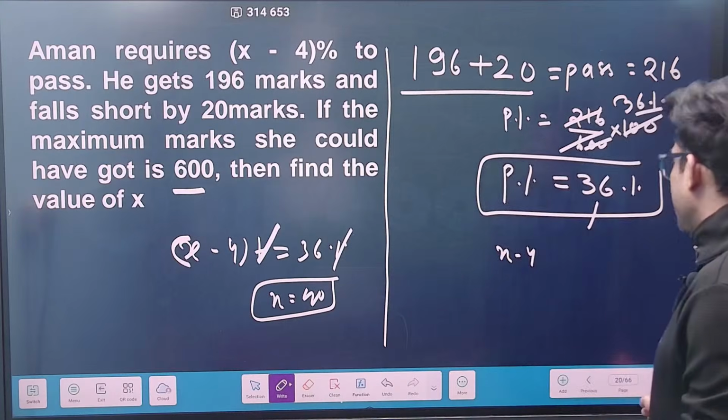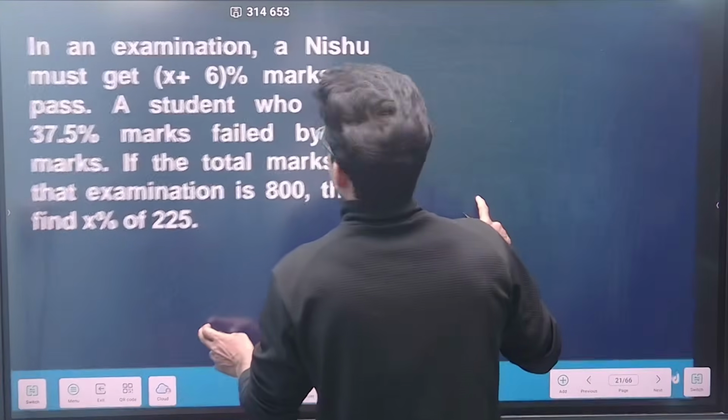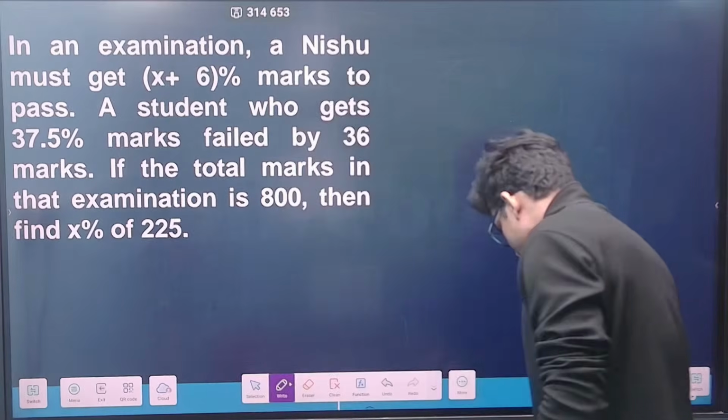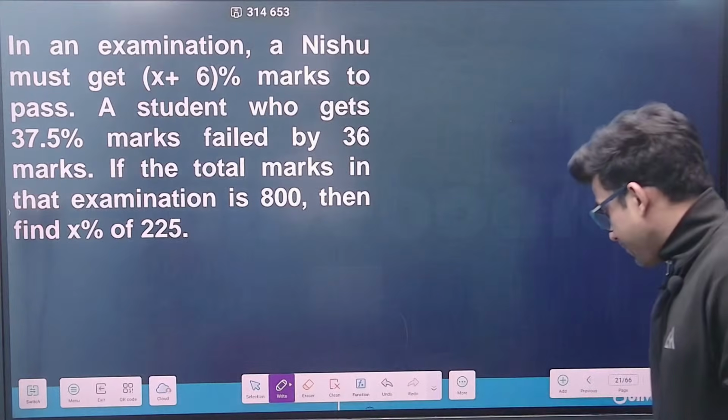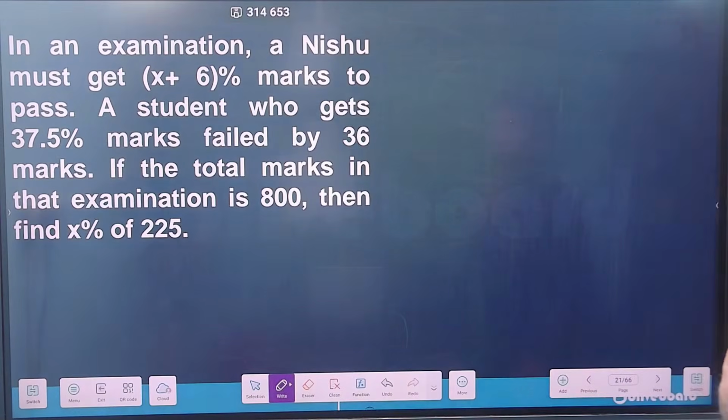Okay, let's come to the next question. Again, I would say this is the same replica. Try, guys. In an examination, Nishu must get X plus 6% marks to pass.